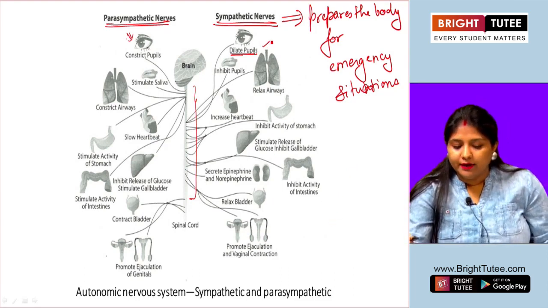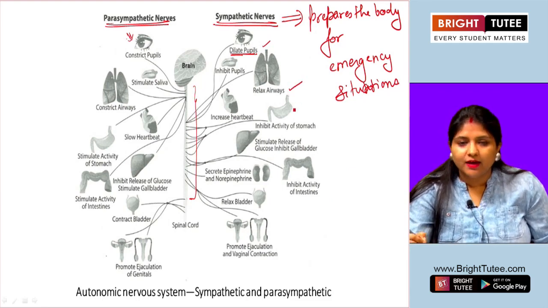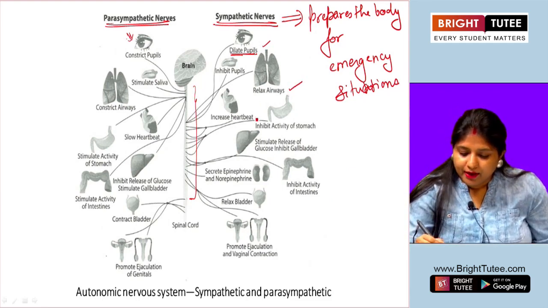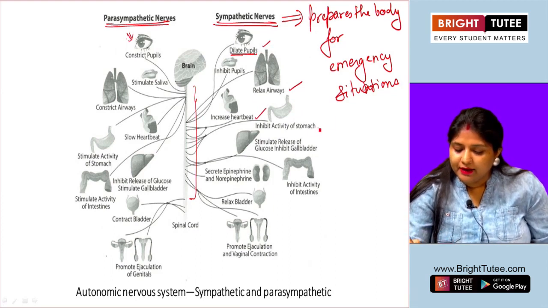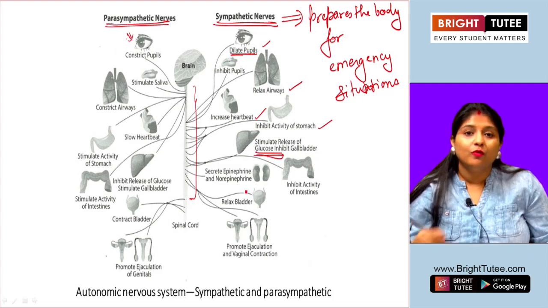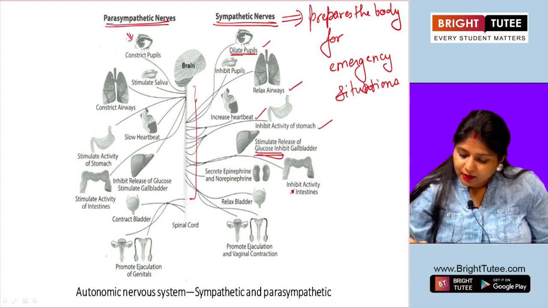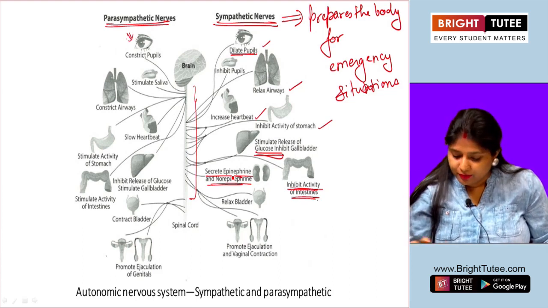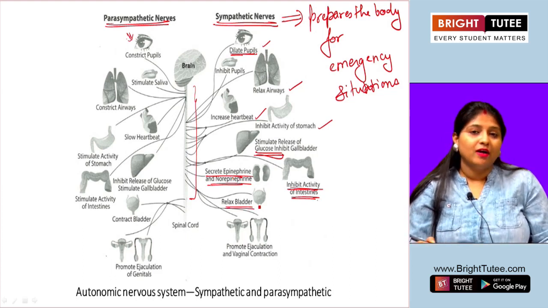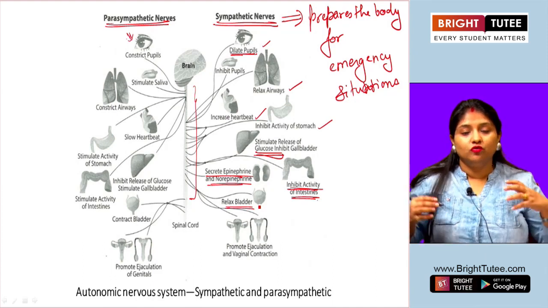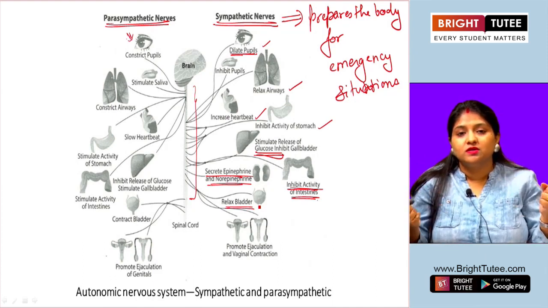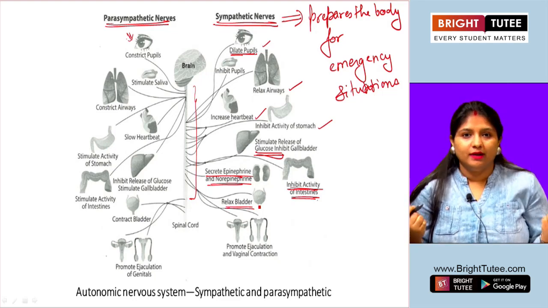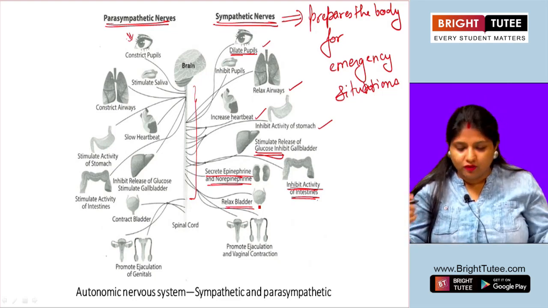It dilates the pupils, it relaxes the airway so that more and more air can come in, increases the heartbeat, inhibits the activity of the stomach, stimulates the release of glucose so that you have more energy, then inhibits the activity of intestines, secretes epinephrine and norepinephrine to prepare your body for emergency. It relaxes the bladder, that's why many times people in emergency situations, or who are very scared, usually wet themselves because the bladder gets relaxed.